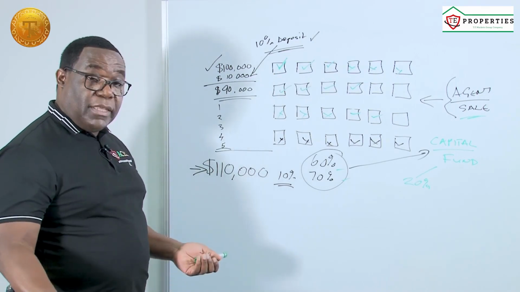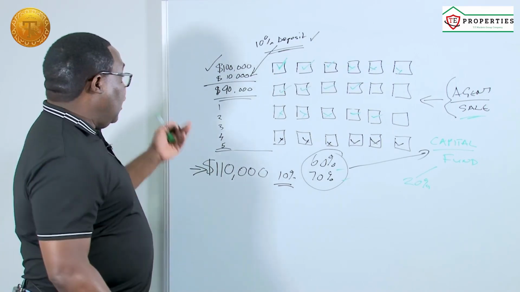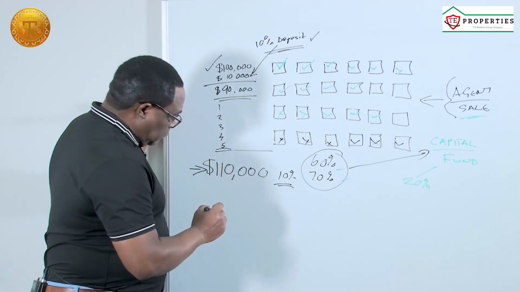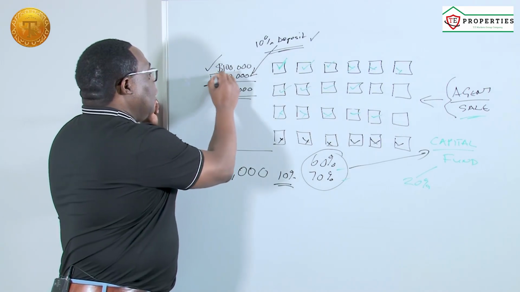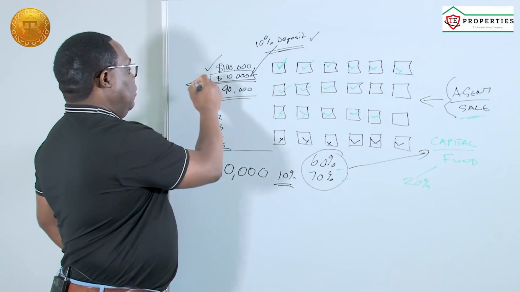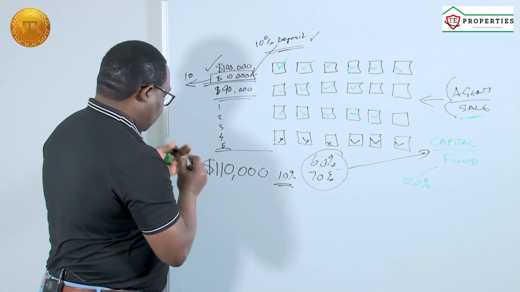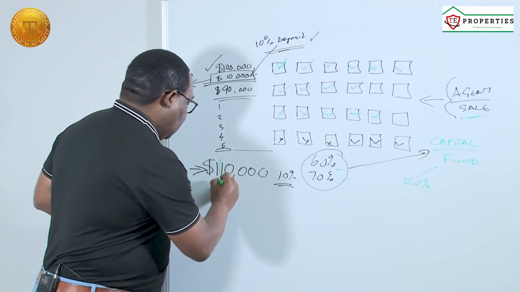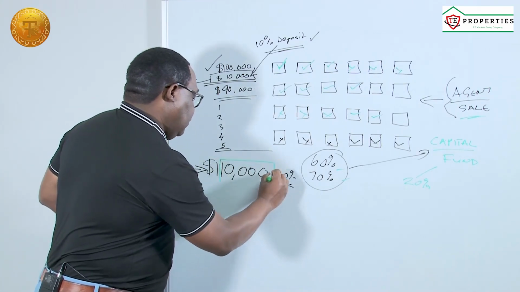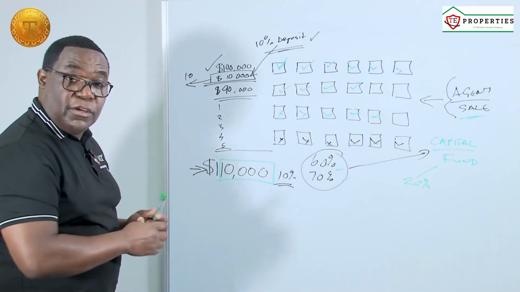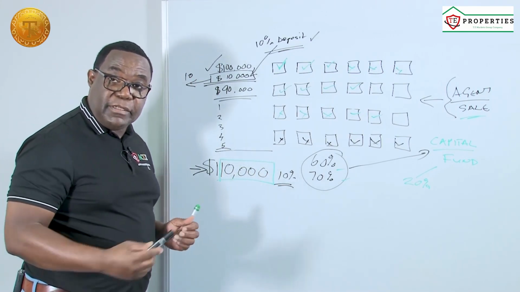Now, how did you make the 100% profit? I'll show you. It's easy, because if you then come and take out your deposit that you placed, your 10% deposit, and you take out the increase of 10%, you've basically made 100%.